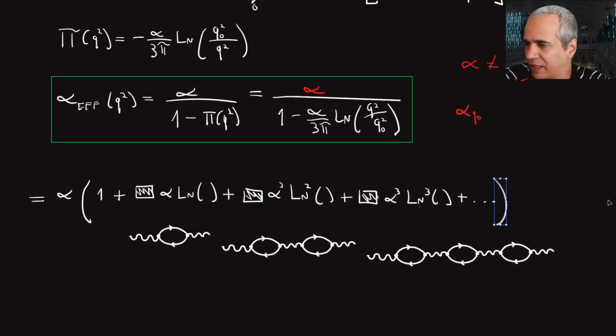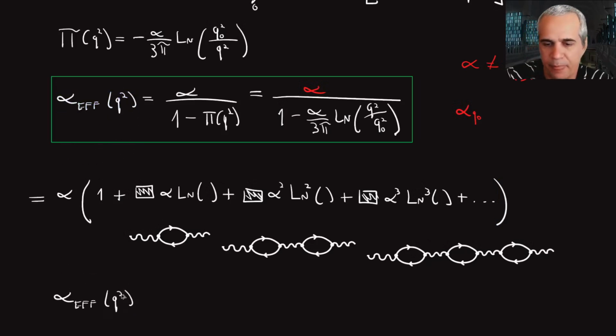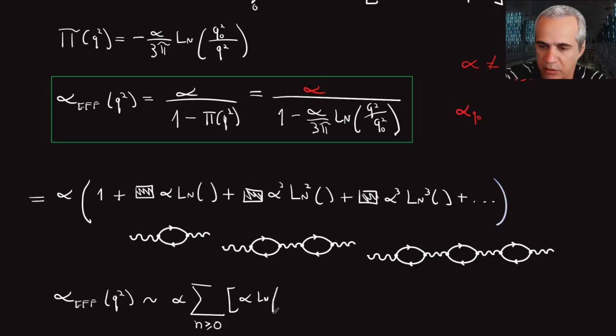And schematically, I can write this contribution in this way. So alpha effective is behaving like alpha times this external alpha here, a sum of n bigger than 0 of alpha log of q square over q naught square to the power n. This is what is appearing in this infinite sum right here.